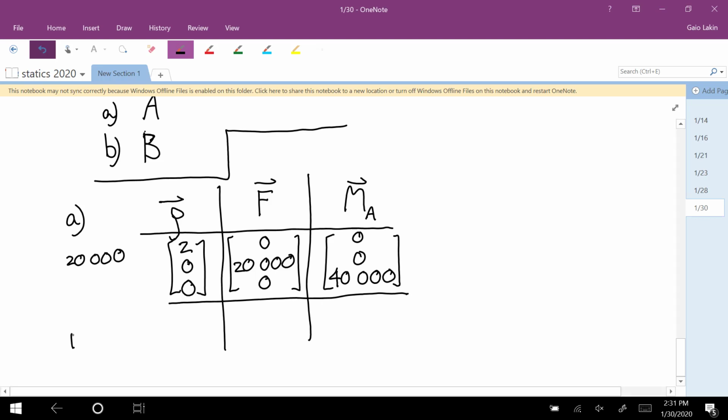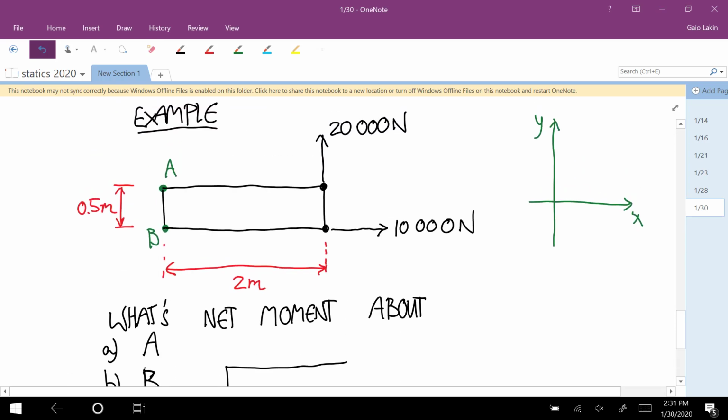And now we'll do the 10,000 Newton force. So for the 10,000 Newton force, we're going to start at A, and we need to come up with a row vector to get from A to where that force is applied. So for that one, you go 2 meters in the positive x direction, and then half a meter in the negative y direction. So it's 2, negative 0.5, 0.